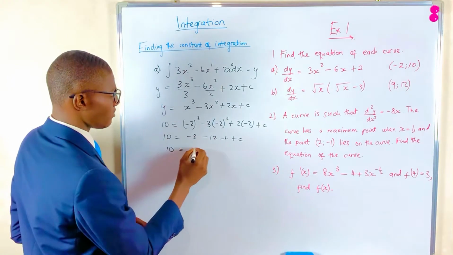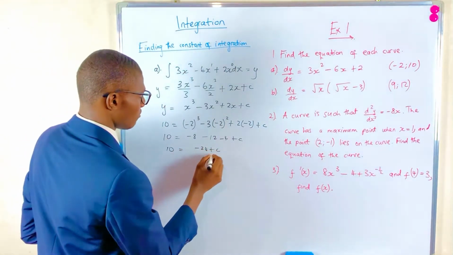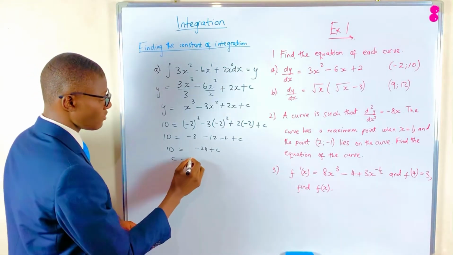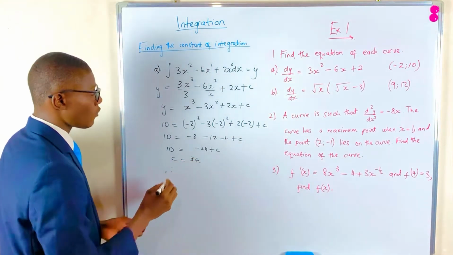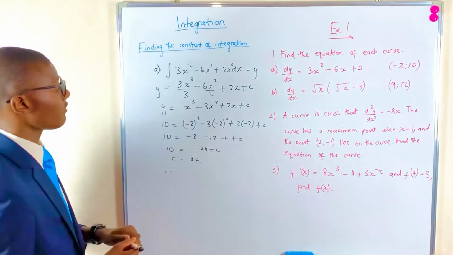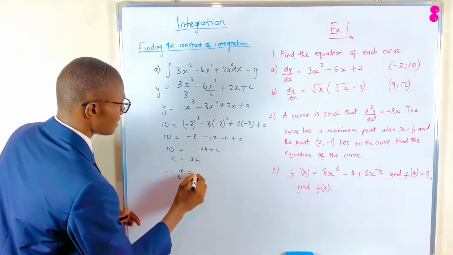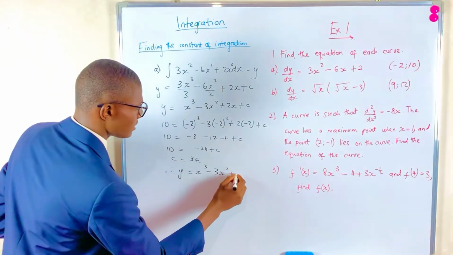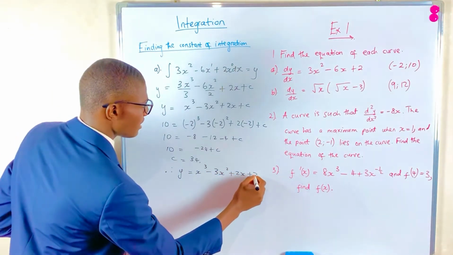And 10 would be -24 plus c. Taking -24 aside, it becomes positive. c would be equal to 34. Therefore, the equation of the curve would be y is equal to x to the power of 3 minus 3x squared plus 2x plus 34.